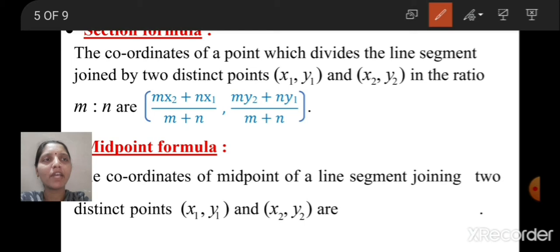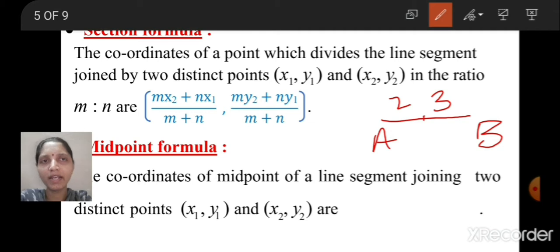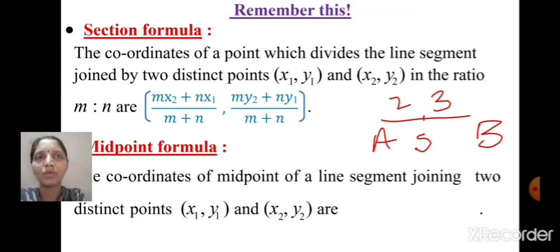It means if you have any segment, let's say segment AB, and we divide this segment in the ratio 2:3, and then if you want to find the coordinates of this point S which divides this segment in the ratio 2:3, then you have to use this formula. Which formula? This one.